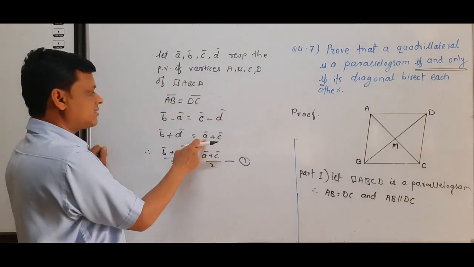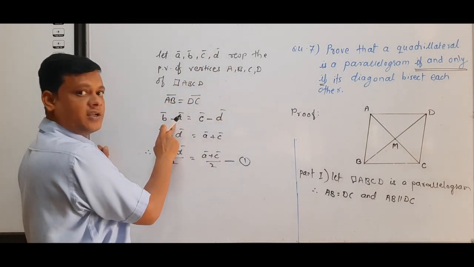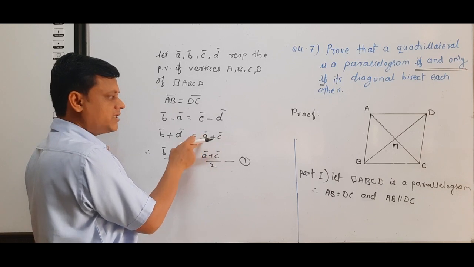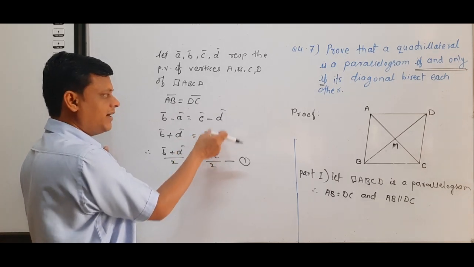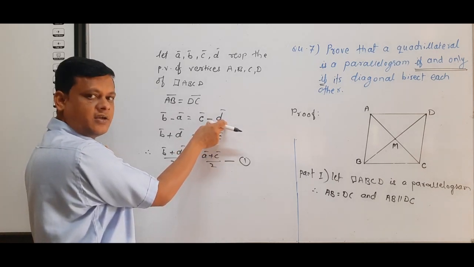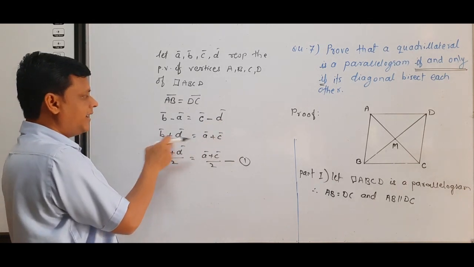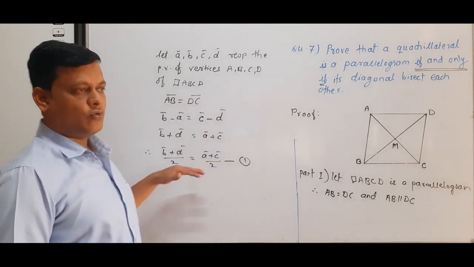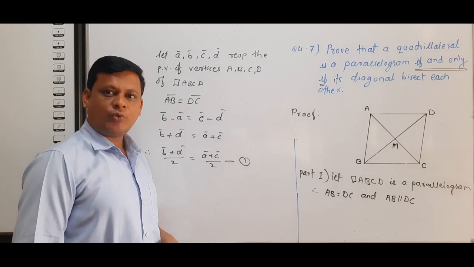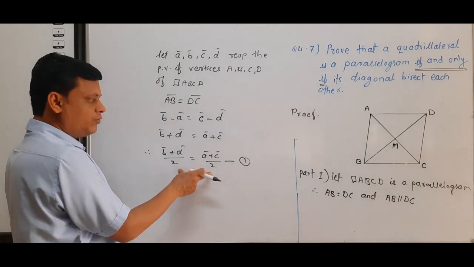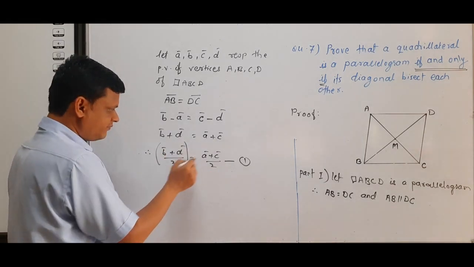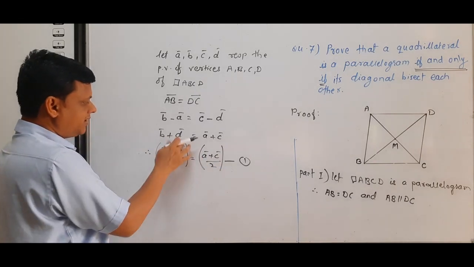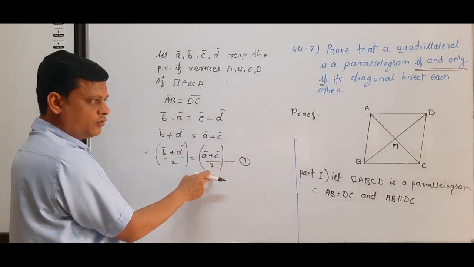On the RHS, we shift this minus vector to the RHS, we get plus vector. So we write A bar plus C bar, and transfer this minus vector D to the left hand side, we get B bar plus D bar. Now we have to reduce it into the midpoint formula, so divide both sides by 2. So B bar plus D bar by 2 equals A bar plus C bar by 2.